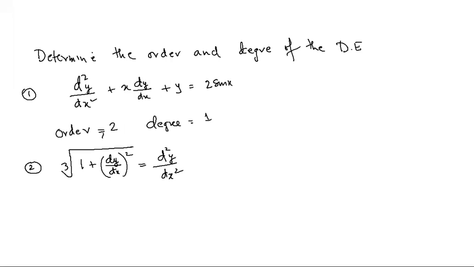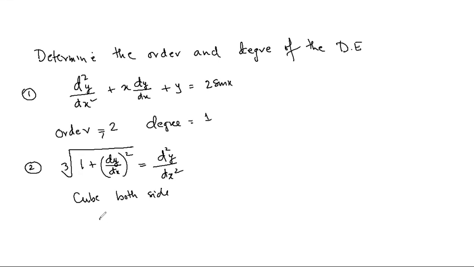So tell me, can I say order is 2 and degree is 1? No. Why can you not say so? Radical. There is a cube root, so I need to remove this cube root. How to remove the cube root? Cube both the sides.